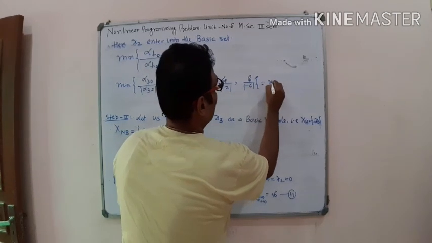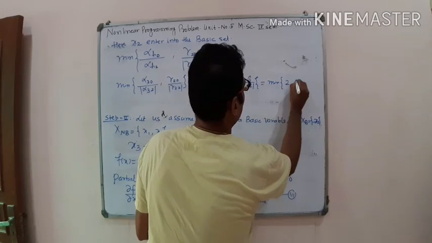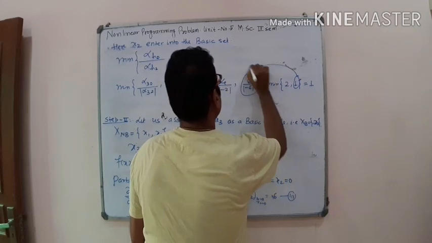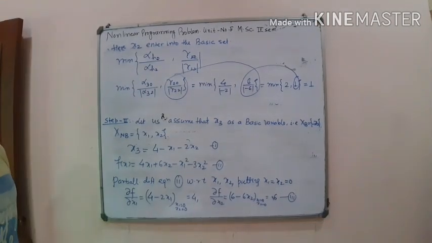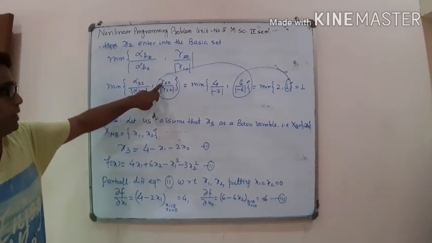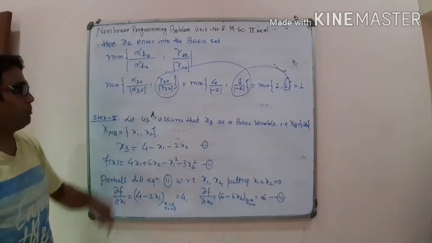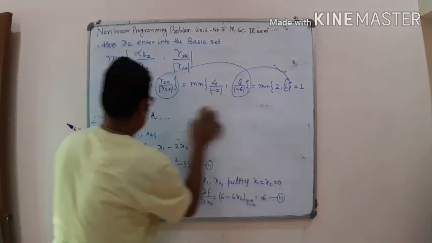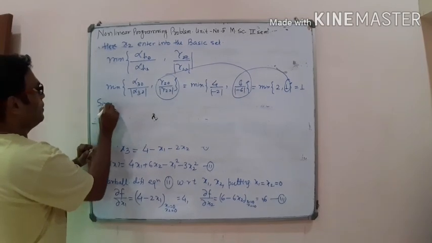We solve this, then the minimum becomes 2 comma 1, which is equal to 1, which is related with gamma. And if the minimum is related with gamma, in that case we introduce a new non-basic free variable u1.